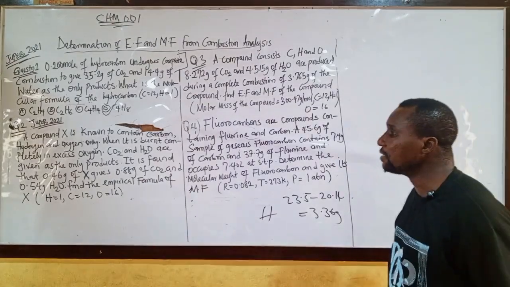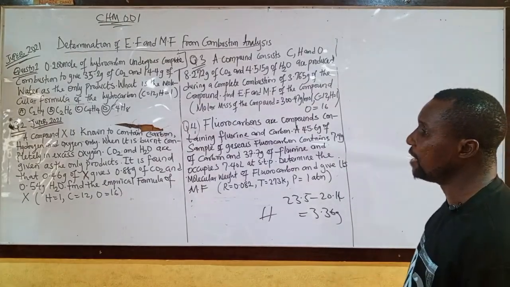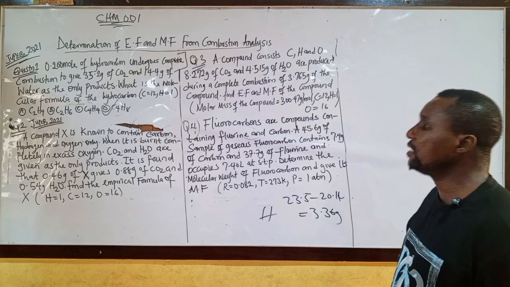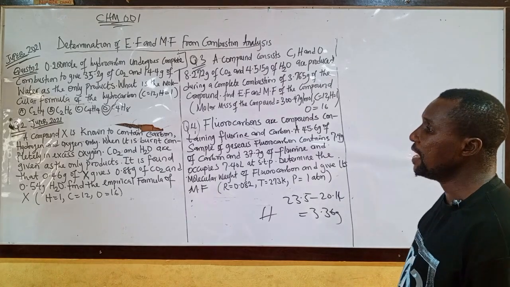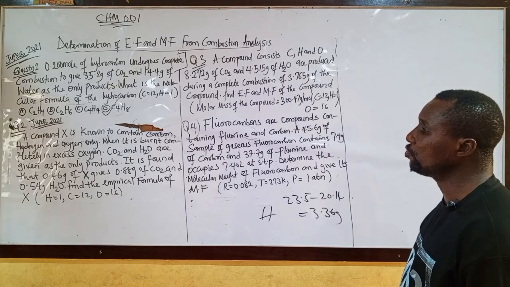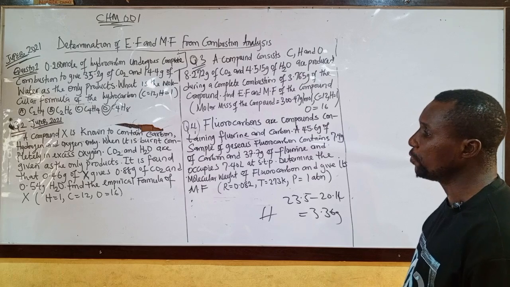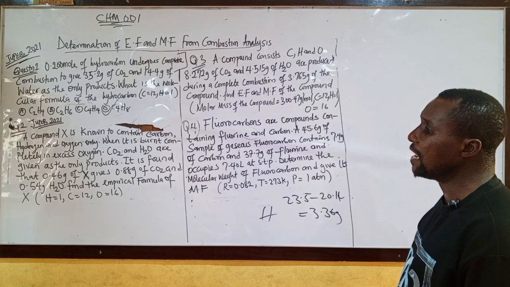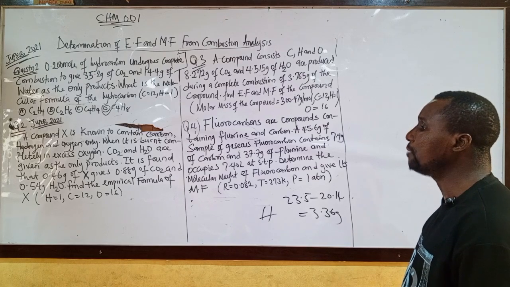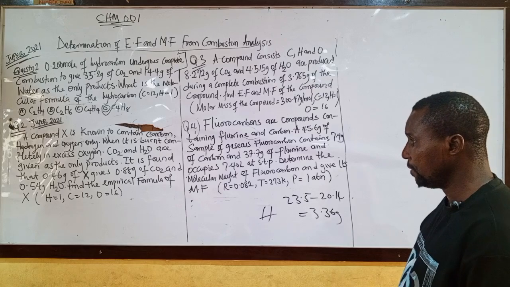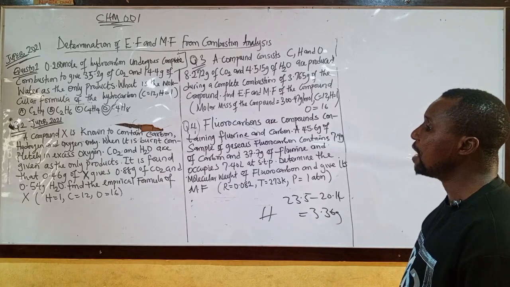Compound X is known to contain carbon, hydrogen, and oxygen only. When it is burnt completely in excess oxygen, CO2 and H2O are given as the only products. It is found that 0.46 grams of X gives 0.88 grams of CO2.